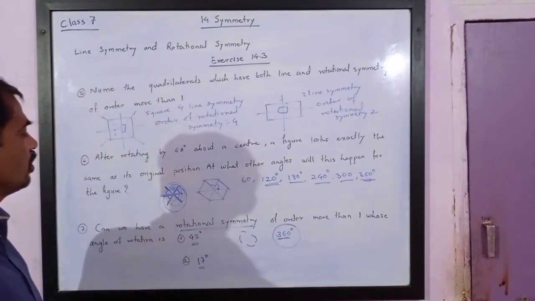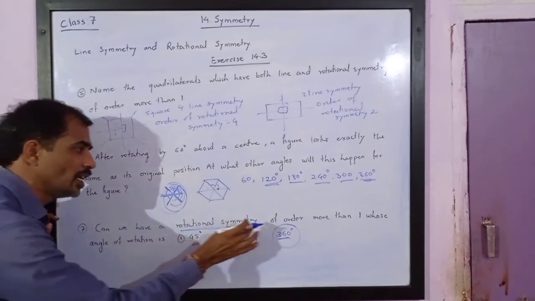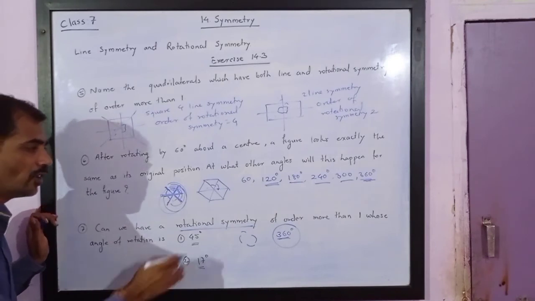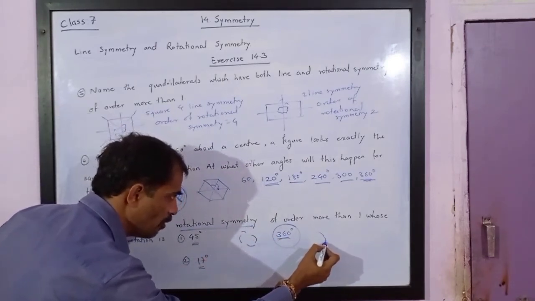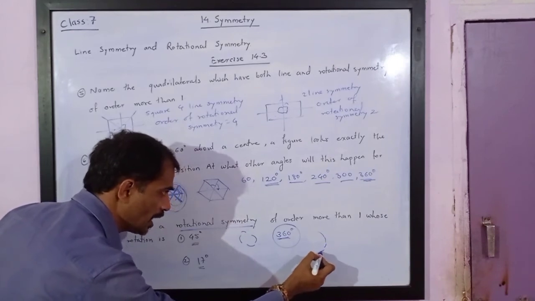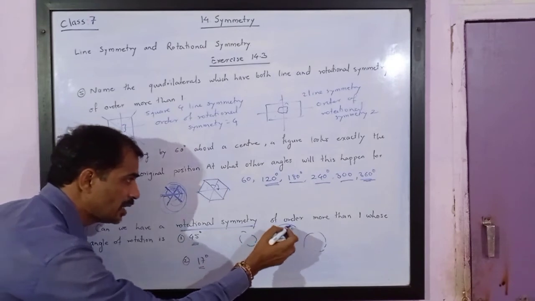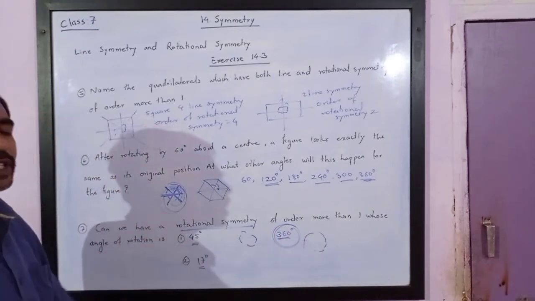Here in the next question, let us try to understand, can we have a rotational symmetry of order more than 1 whose angle of rotation is 45 degrees? So if you rotate by 45 degrees, again by 45 degrees, again and again, if we get 360 degrees, then and only then is it possible to have a rotational symmetry.